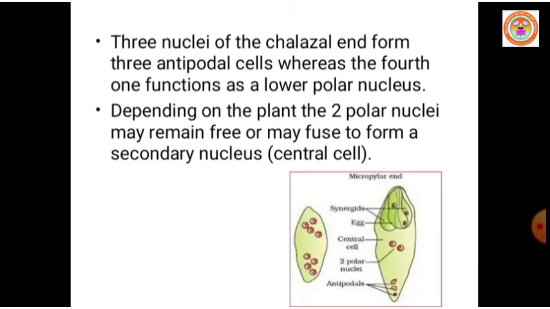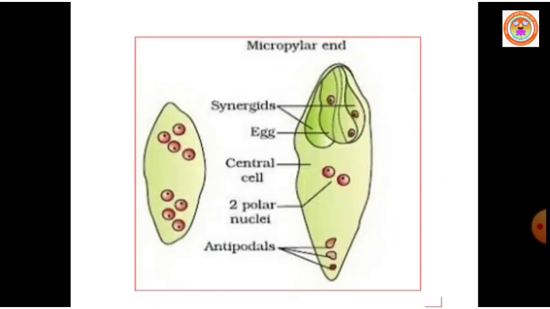Depending upon the plant, the 2 polar nuclei may remain free, or sometimes they fuse to form the secondary nucleus. If they fuse, these 2 polar nuclei form the central nucleus.